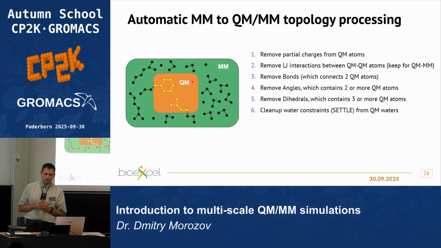So if your QM system is charged, then when you do this topology preprocessing step, it's completely fine to have a charged QM system. No problem at all. Even today in the exercises, in the hands-on session, we will have such a system. It needs to be compensated such that the total charge of your total QM plus MM system is kept as 0.